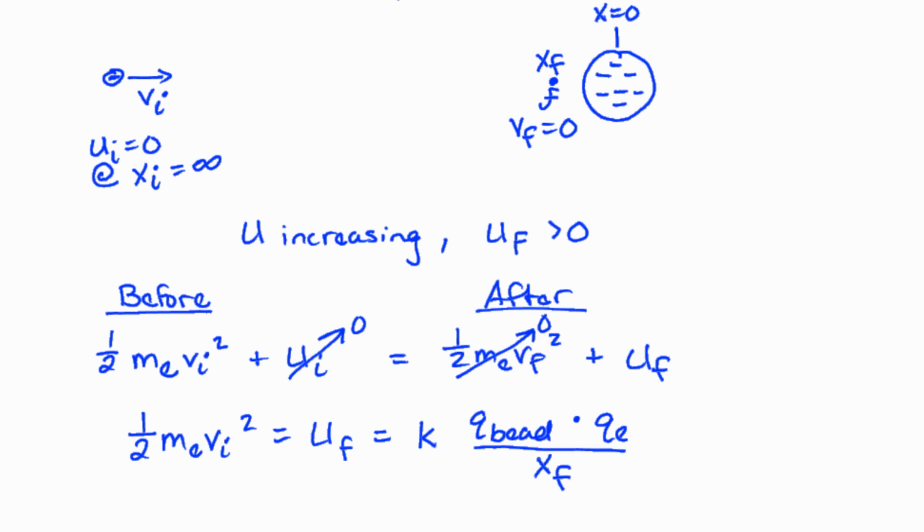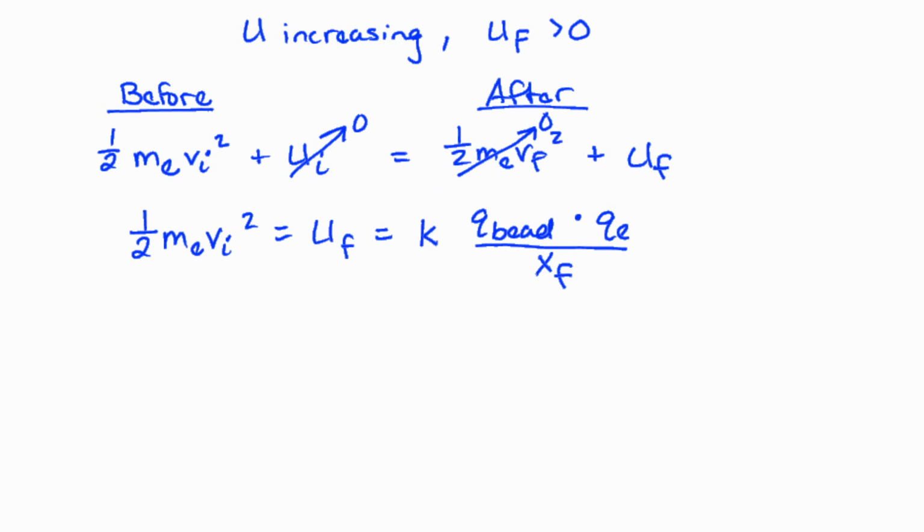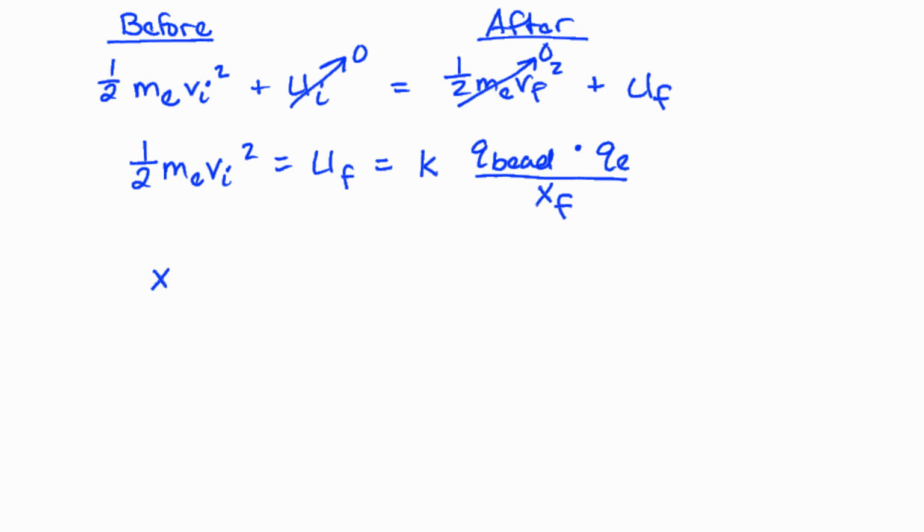Well, given the quantities in the problem, we are looking at the radius of the bead, which is 1 millimeter. The diameter is 2 millimeters, the radius is 1, plus the extra bit off the surface of the bead, which is 0.1 millimeter. So that means we're talking about 1.1 millimeter.